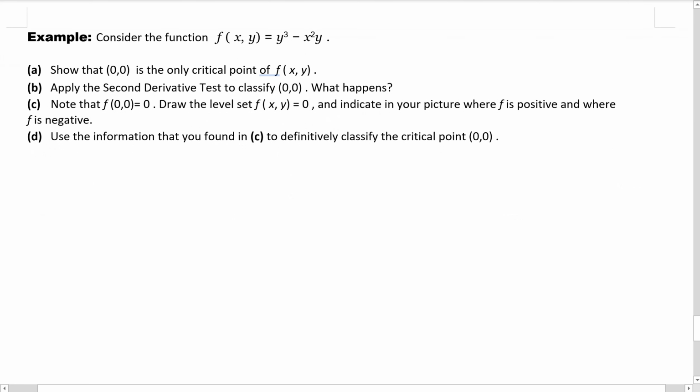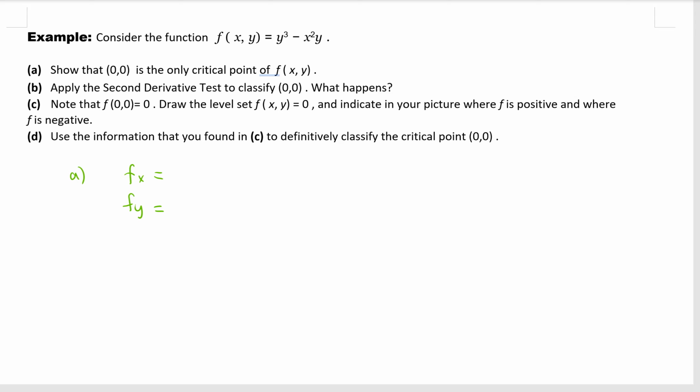Let's look at the following example. Consider the function f(x, y) = y cubed minus x squared y. Show that (0, 0) is the only critical point. Let's find fx and fy, the gradient. Partial f partial x: take the derivative with respect to x.